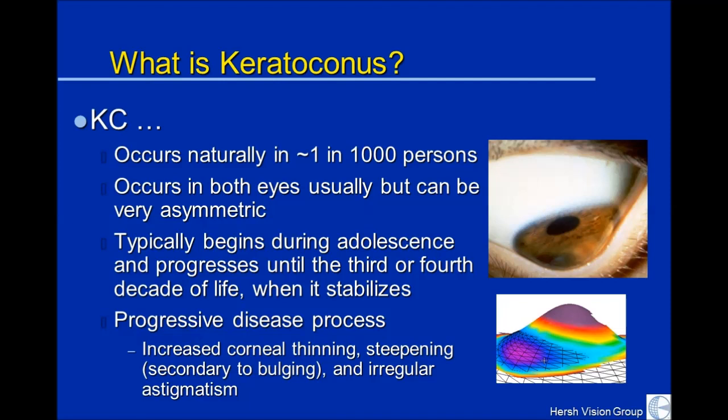But typically we see stabilization in your late 30s, 40s, and 50s. Now with progression, the cornea becomes increasingly thin, increasingly steep or conic, and increasingly irregular. And it really is the irregularity and that light scatter that diminishes your vision.